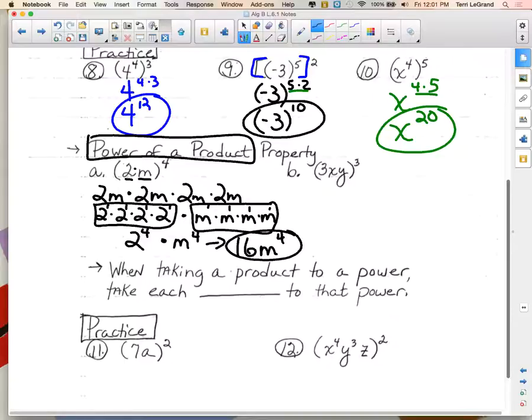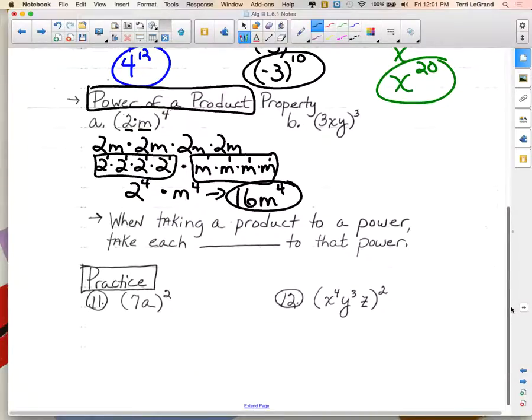Now, we didn't apply any shortcuts to this other than the shortcut of after we rearrange them. Now we could do our product of powers. We have 2 to the first power being multiplied by m to the first power, so that's when we can add the exponents. So we did apply a property in the process of it.